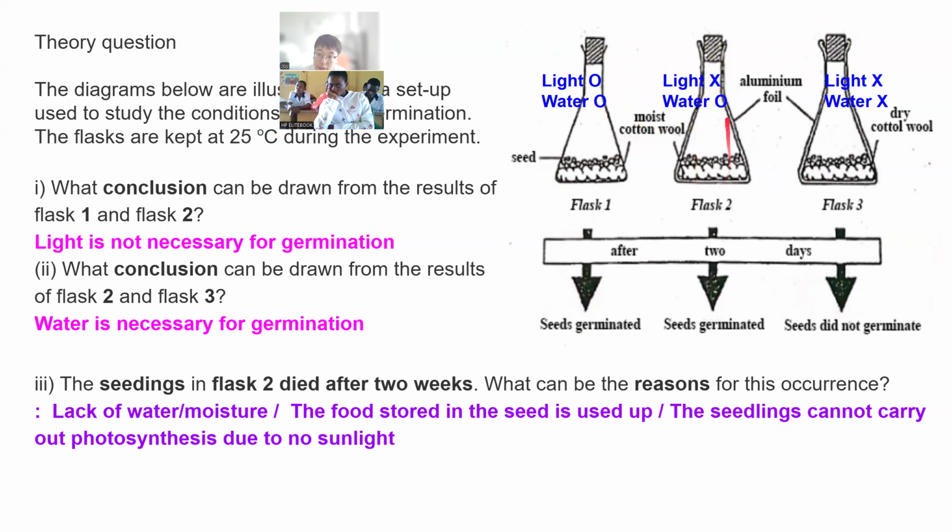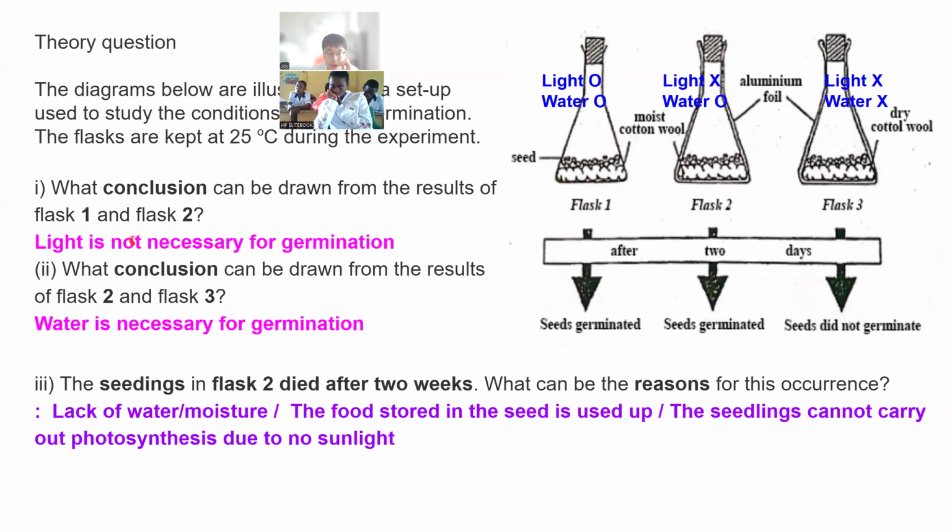But flask 2 does not get sunlight because it is covered in aluminum foil. In flask 3, since it has dry cotton wool and is covered by aluminum foil, it gets no water and no light. So this is their experiment.